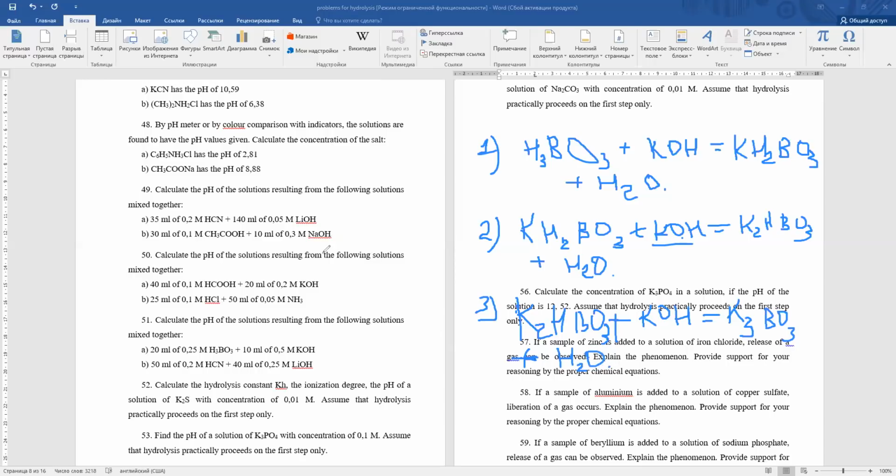All of them. It can be sulfuric acid also, because it contains 2 hydrogen. The acidity is equal to 2, and it can hydrolyze in 2 steps.